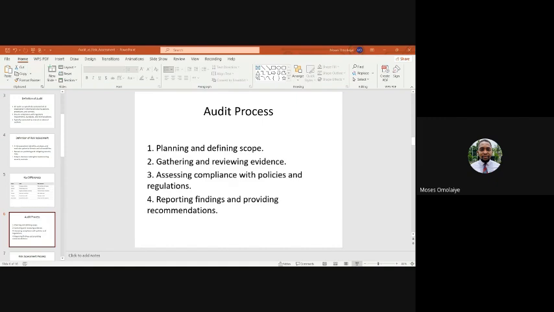It could be anything as long as it's related to security. An audit log provides a detailed history of system events, things like logins, access attempts, and modifications. So I'll explain this. If I'm doing an audit and something happens, maybe there's a funny operation on a server, I would go and pull out the logs.